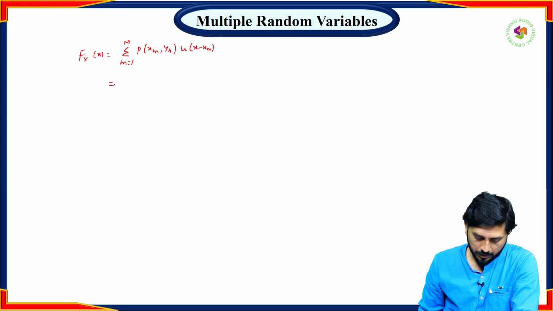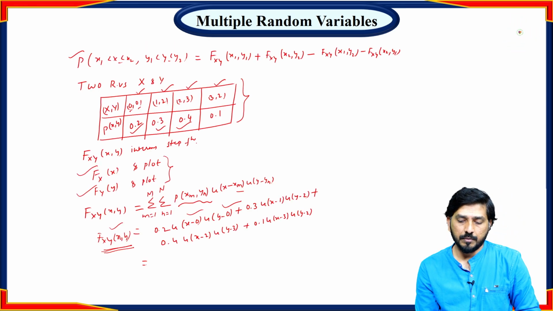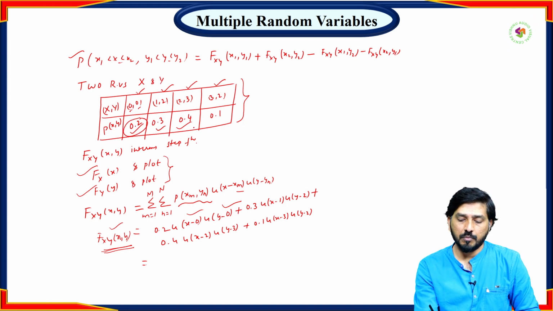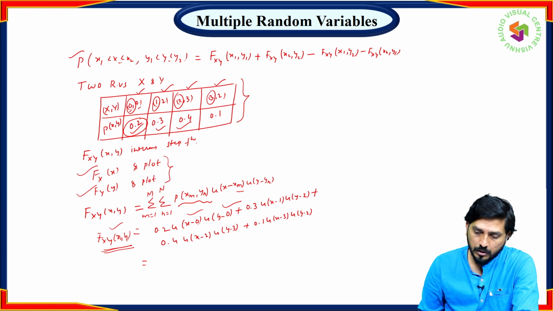Now, the corresponding probabilities, if you see here, are 0.2, 0.3, 0.4, 0.1, and we need to consider only the x random variable: 0, 1, 2, 3, 0, 1, 2, 3.